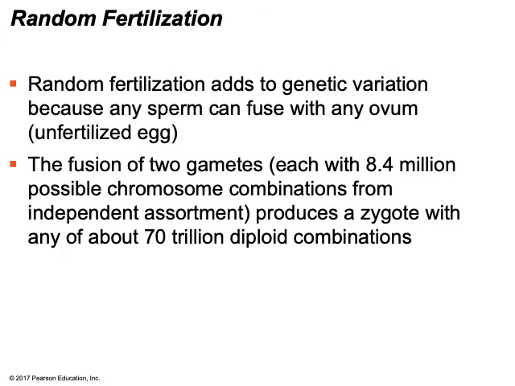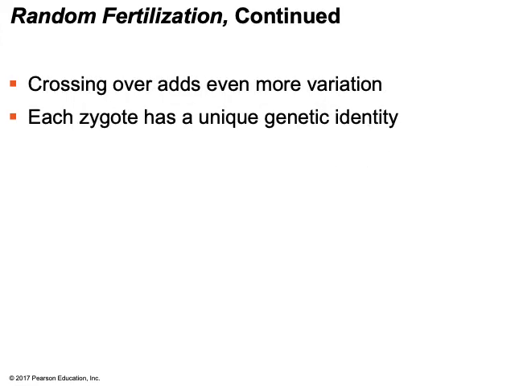And that's not even counting crossing over. So each zygote is going to be different, almost certainly. The one exception is identical twins, and that occurs because identical twins are actually the same fertilization event, but then the zygote splits into two independent organisms.